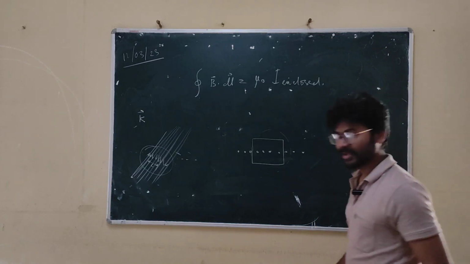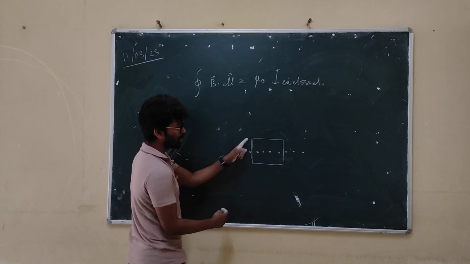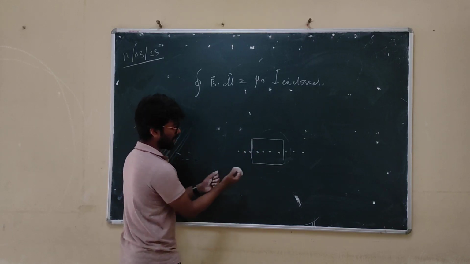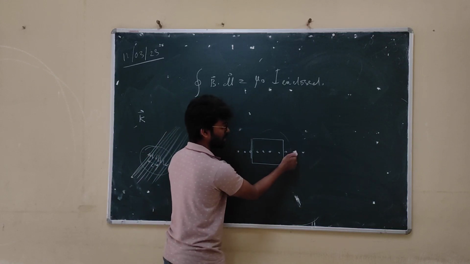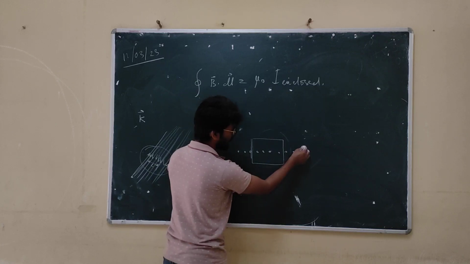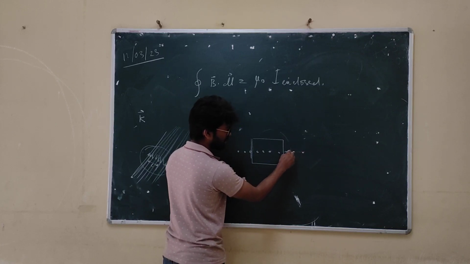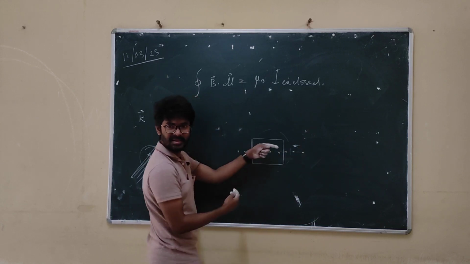Yes, because your B will be perpendicular to this length. Because how will be the B? Take one of the wires, it will be like this. For another one, like this. Another one, like this. So they all will add up. If they're really close, they will give a magnetic field like this.